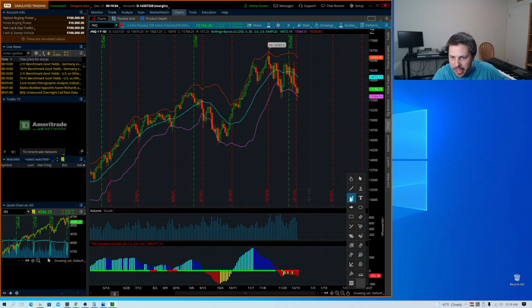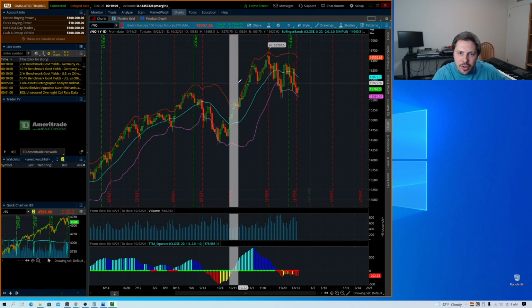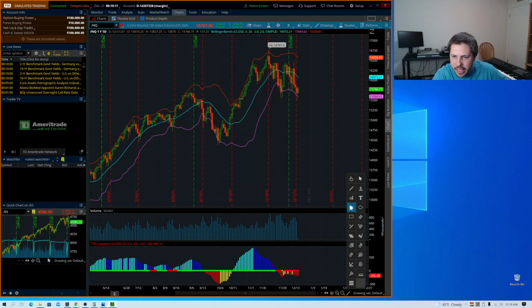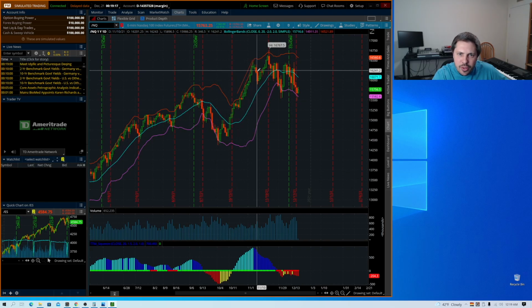So again, we could see that here, right? This almost to me looks like, if we take a trend line here, this looks like a head and shoulders pattern, right?